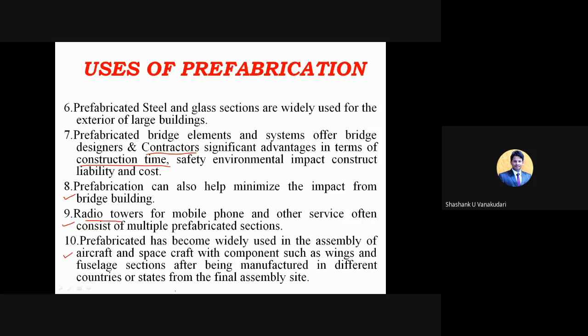The wings are manufactured at one place, and the fuselage sections, which are the entire body of the aircraft, are manufactured at another place, and then sent to the locations where those components are to be assembled. So these concepts can be applied to other fields also.